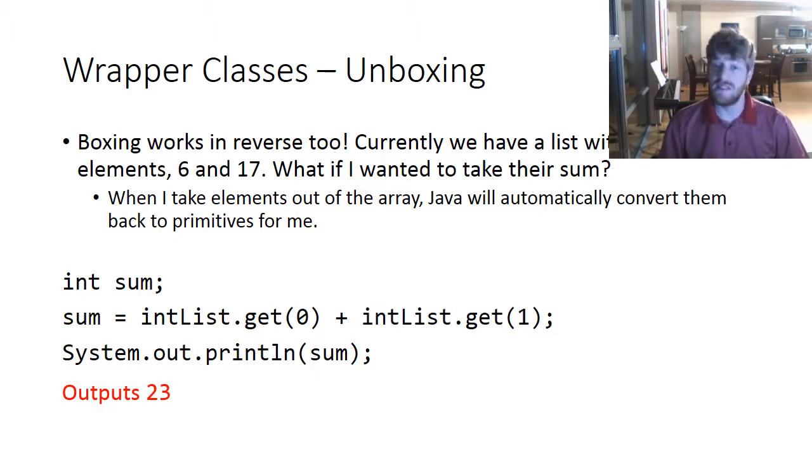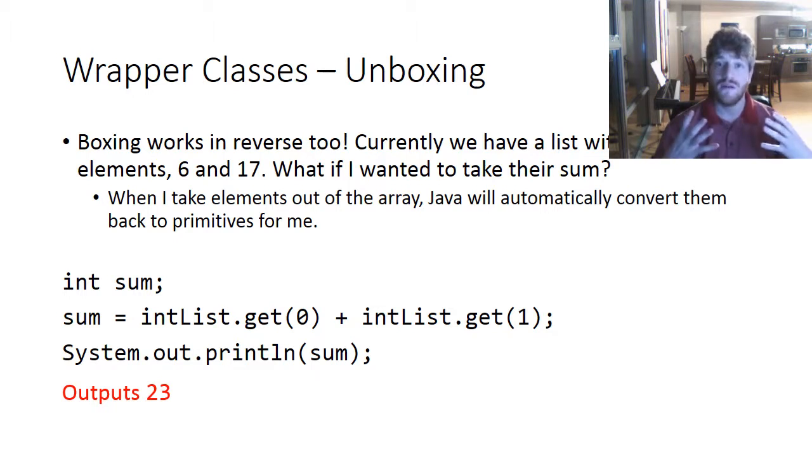And it's doing the same for the Integer in index 1. So then I have 2 int values, 6 and 17, and I add them together, and I get 23. So, boxing and unboxing, pretty cool. They allow us to automatically convert between primitives and wrapper classes.